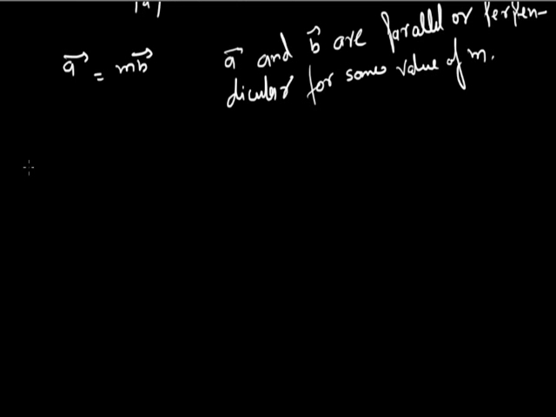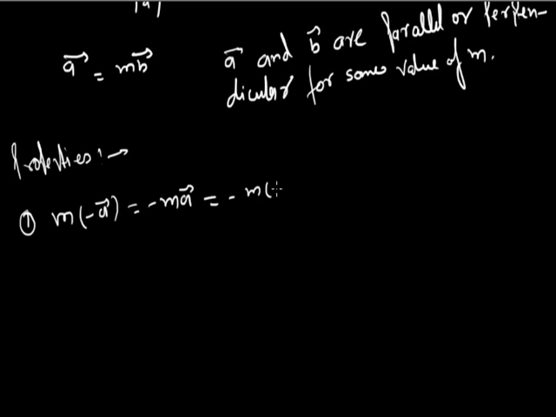Now the properties of the multiplication of a vector by a scalar are: first, m multiplied with the negative of a vector is minus of m a vector. Second, minus m into minus a vector is m a vector.